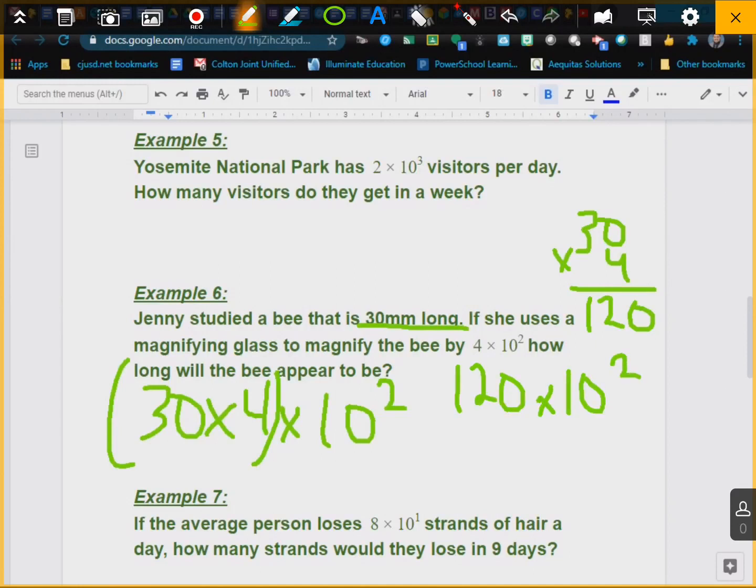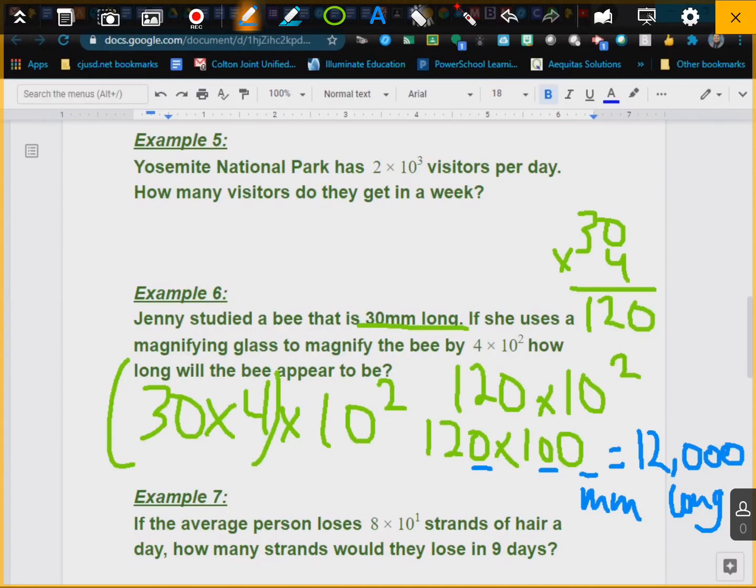Now I know that's the same as 120 times 100. And when I do that, I know I have 3 zeros. So 12 times 1 is 12, and I have 3 zeros. So the bee is going to appear to be 12,000 millimeters long.